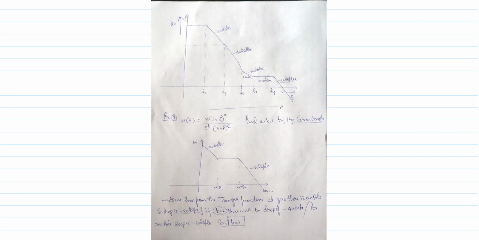The numerators are the zeros and the denominators are the poles.